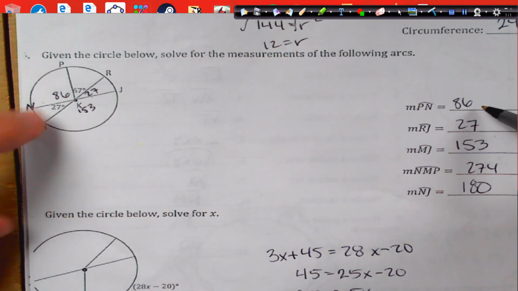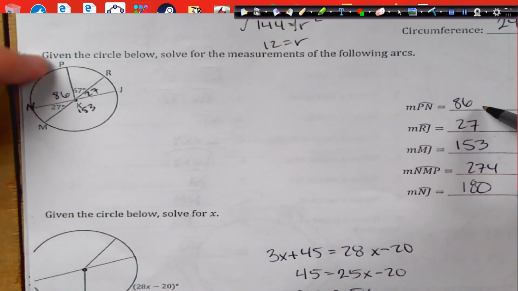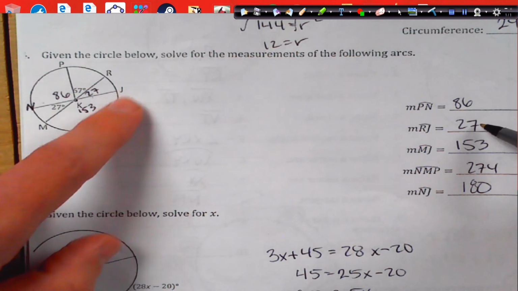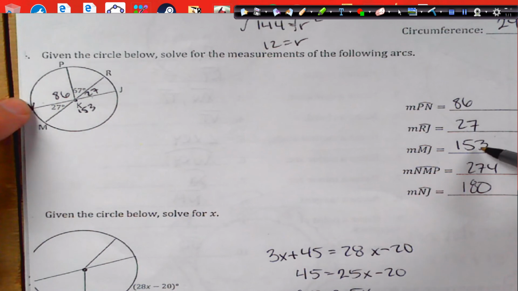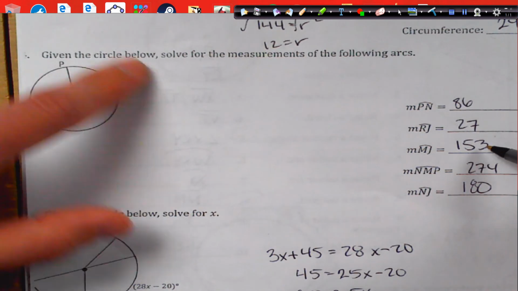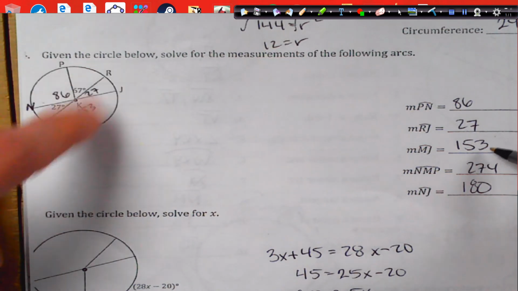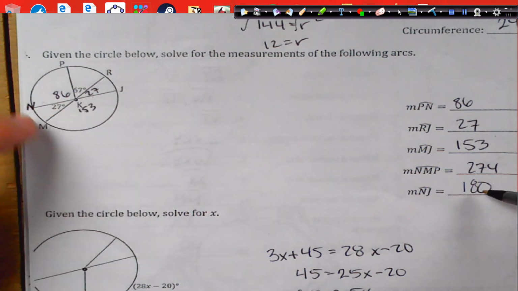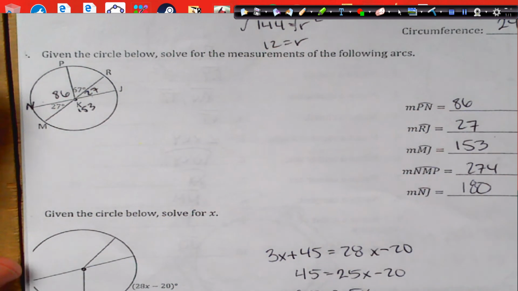Central angles are congruent to their intercepted arcs. So PN was 86, RJ is 27, MJ was 153, NMP was all of this. So you just add all those together, you get 274. And then NJ is the diameter, so you go either way. They really should have used 3 letters, but you get 180.